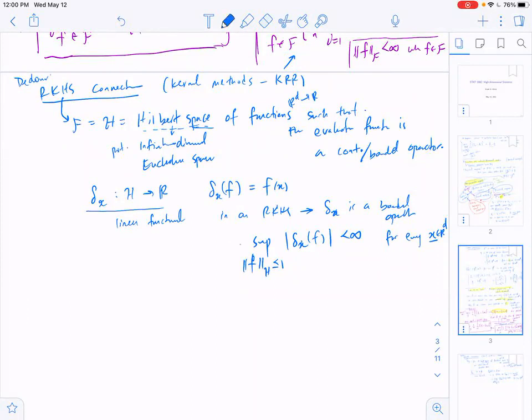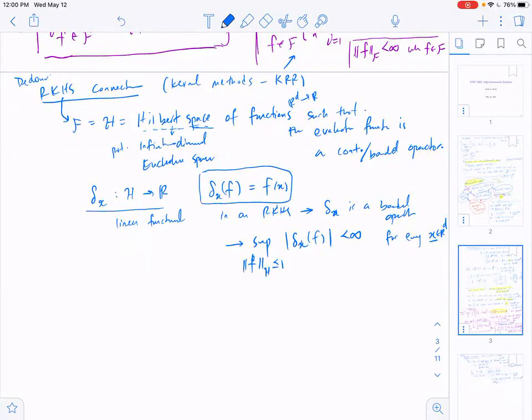They need not be bounded. First, they're well defined. If you look at the L2 classes of functions, they're not really functions, they're equivalence classes of functions, so you can't evaluate them at a point. In an RKHS, the value at each point matters. So the evaluation functional is well defined and is also bounded.